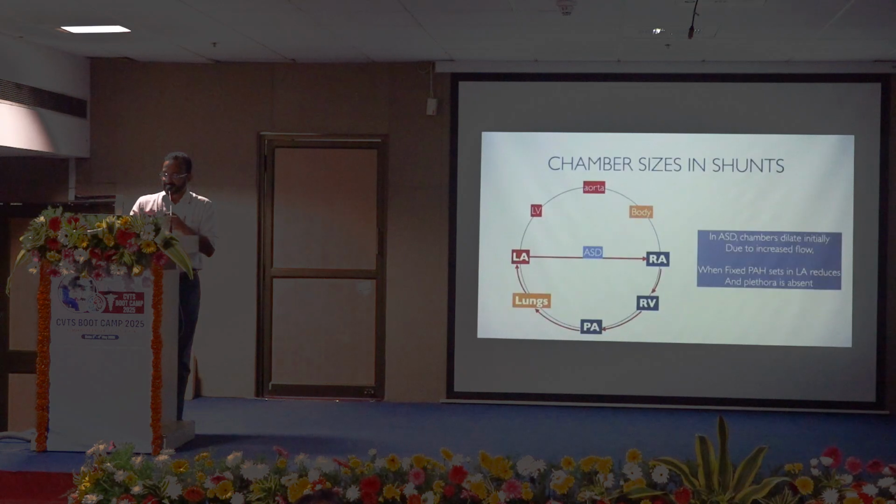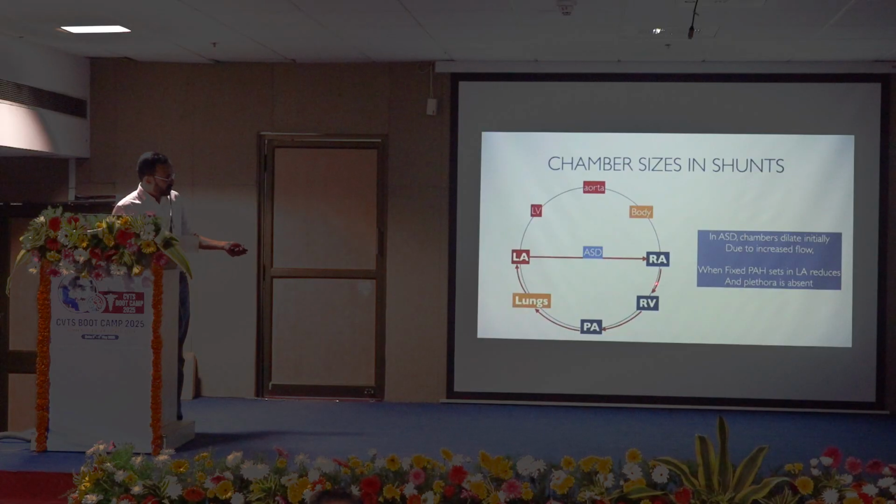The next thing is, before you go on to the investigations per se, you should know how chambers dilate in each lesion. If you take an ASD, the lesion is shunting from left atrium to right atrium. Where there is low resistance in the lung, all these chambers will be dilated, and you will have pulmonary plethora in the lung.